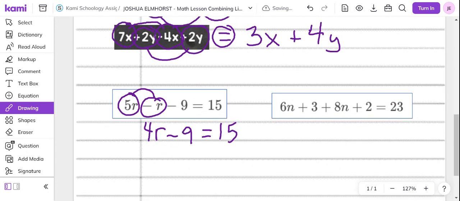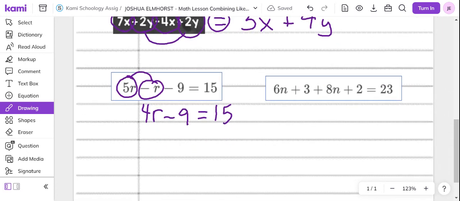Now, we can't necessarily just combine the minus 9 right now, but if we use our equation solving mat, we can actually identify the variable term and then use opposites to combine these also. But when they're on the other side of the line, you have to do opposites to remove them.